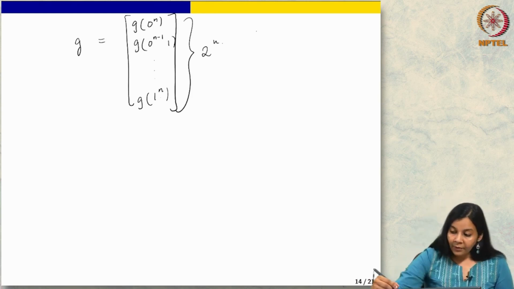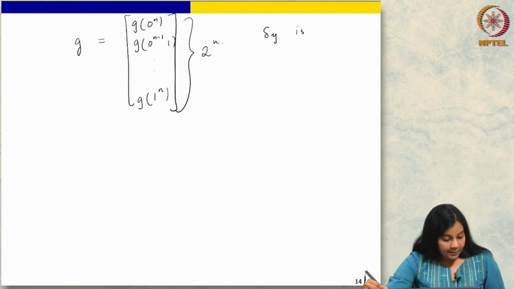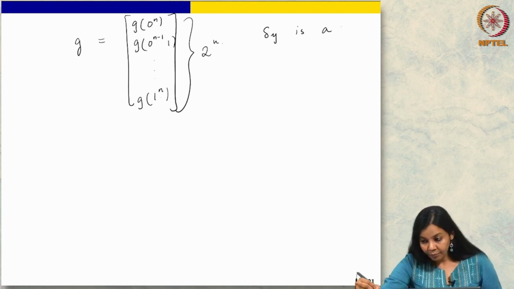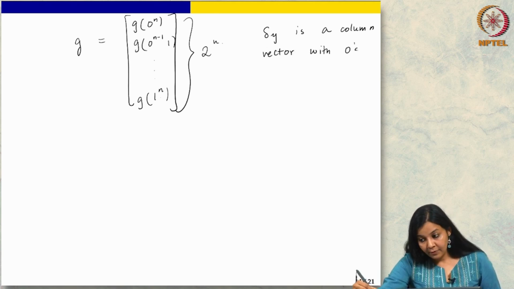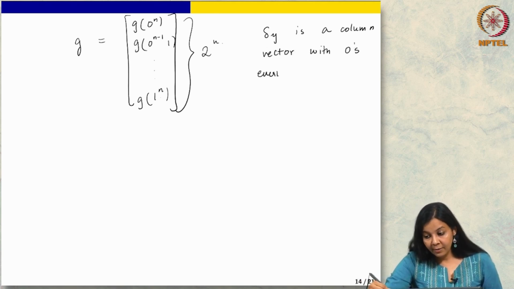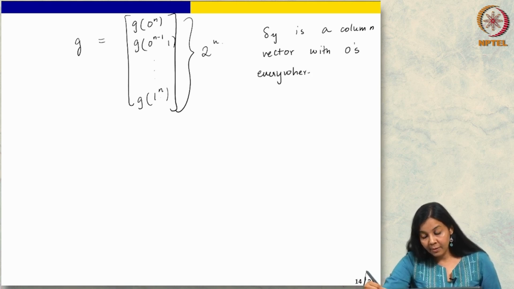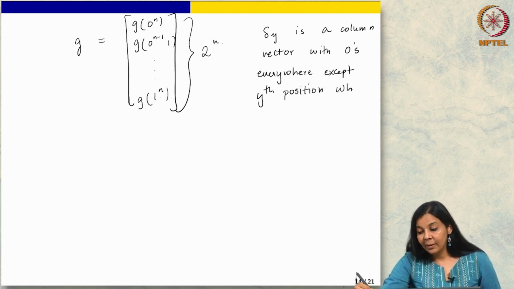And as we already said, delta_y is a column vector with zeros everywhere except the yth position where we have a 1.